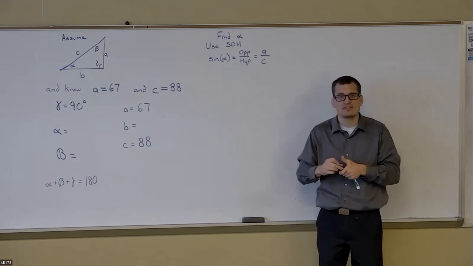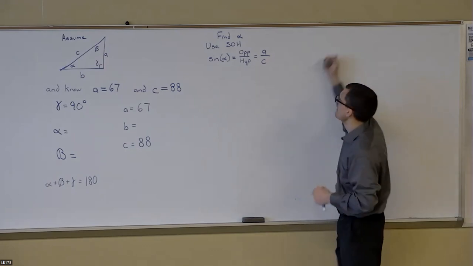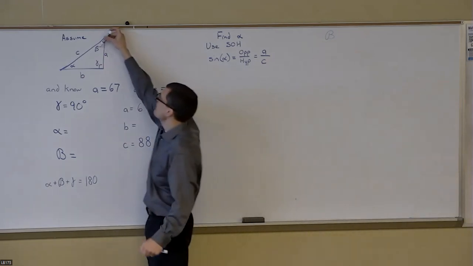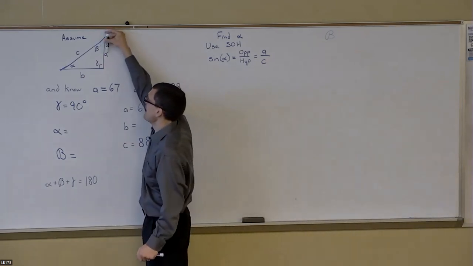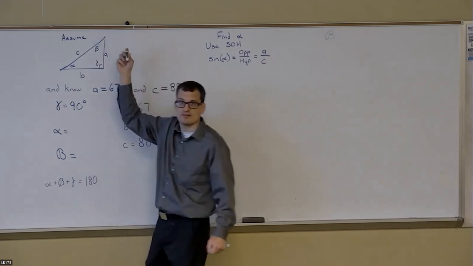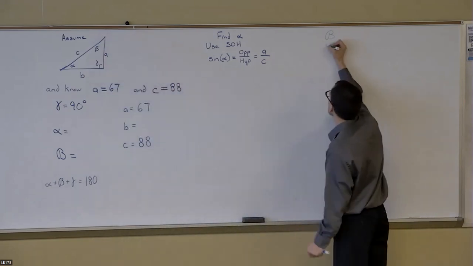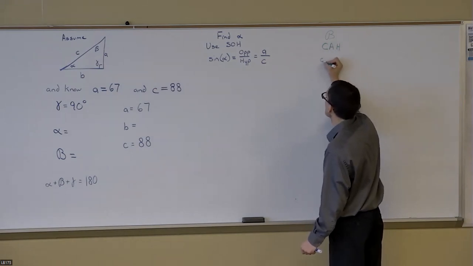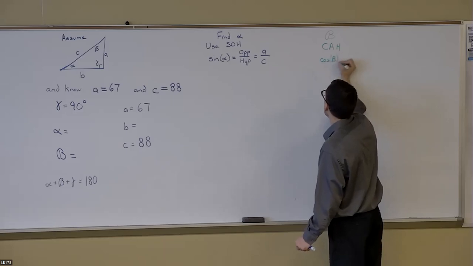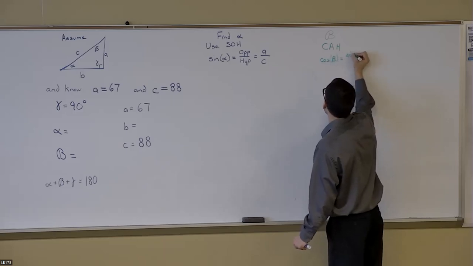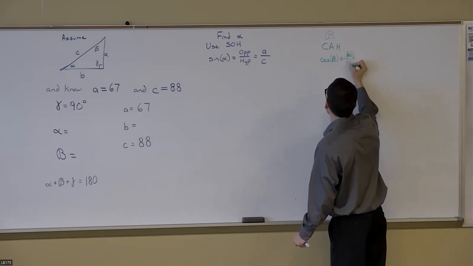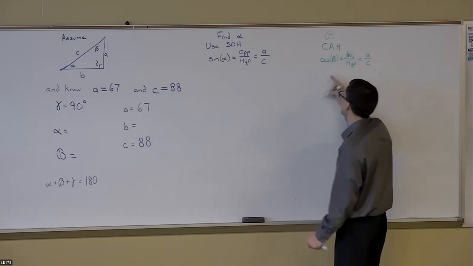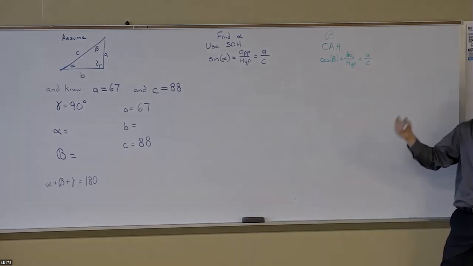Don't write this down. But if I were to try to find beta, what I would do is say, well, beta is up here, a is adjacent, c is the hypotenuse to beta. So I would have used cosine, adjacent over hypotenuse, because compared to beta, the a and the c are the adjacent and the hypotenuse.